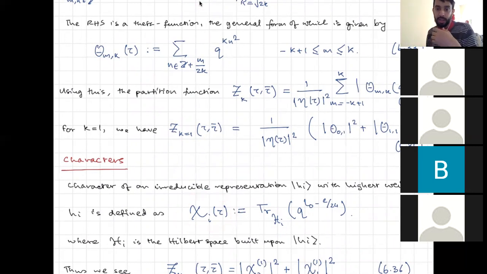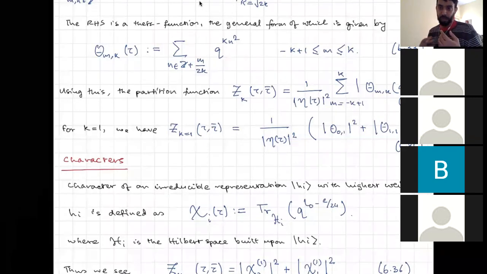Okay. And then in order to get the full partition function, you need to sum over all of these primaries as well. But the character for each of them will capture the whole Hilbert space which is under one primary.